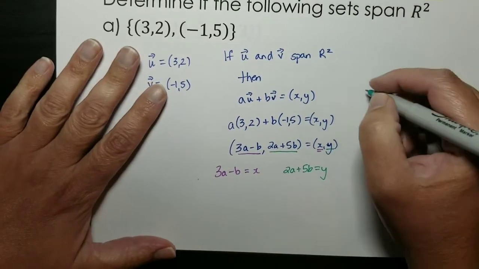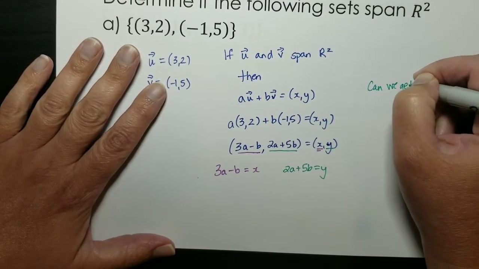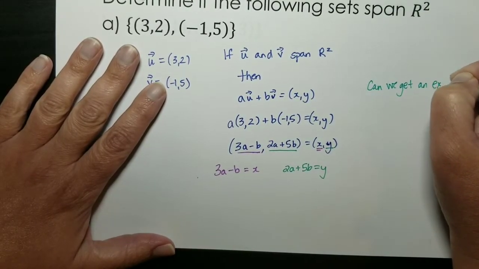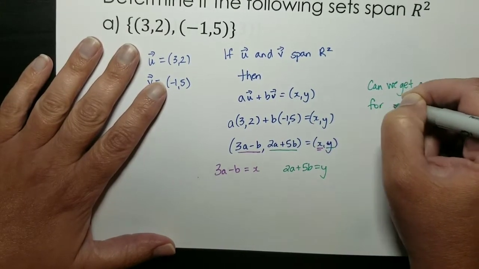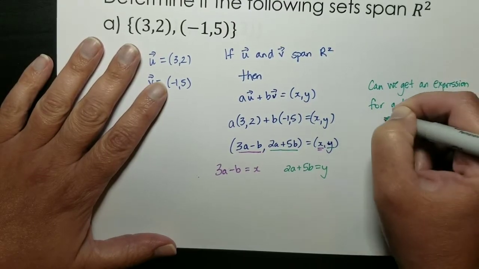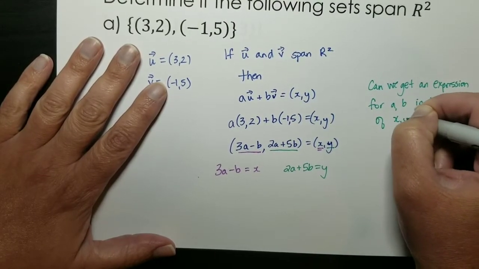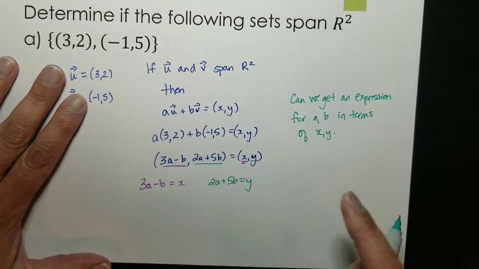Okay, so can we get an expression for a and b in terms of x and y? Basically, if we knew the x and the y, could we figure out what the a and the b are?